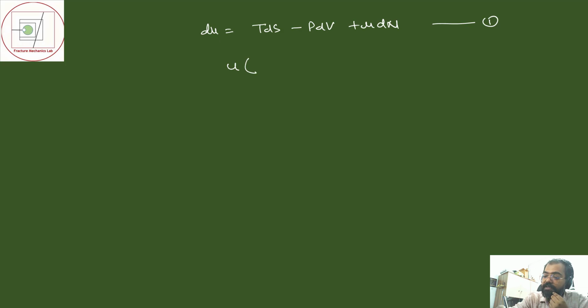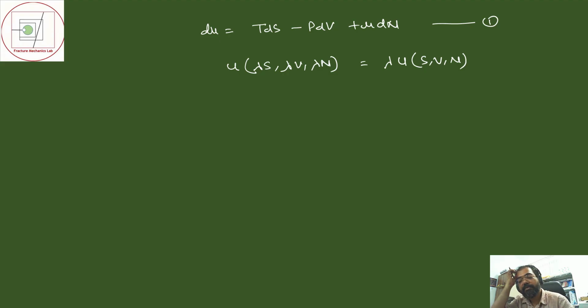Because of its extensivity, you can imagine it to be a function of entropy, volume and number of particles. So it is going to be lambda U(S, V, N) equals U(lambda S, lambda V, lambda N), and lambda is 1 in this case. So internal energy is a first degree homogeneous function.